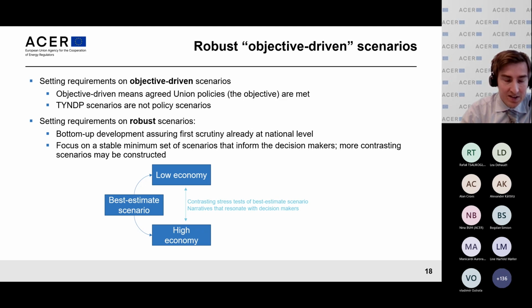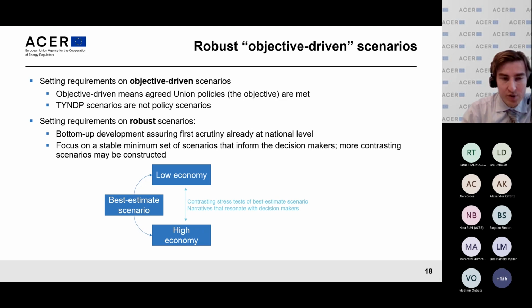It's good that they can get the information in a format that is relatable to them. Of course, that does not mean that more scenarios cannot be constructed. That's entirely possible. We do require then that they are contrasting so that you always have the two sides of the possible future, because that's ensuring this robustness.